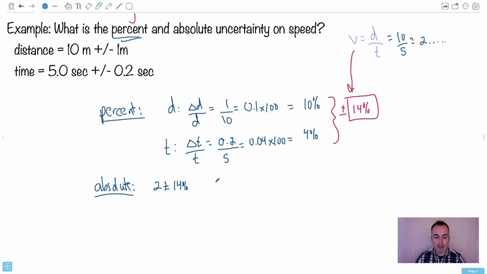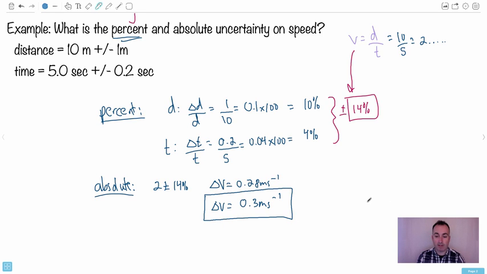So I end up with the uncertainty, so delta V in this case is going to be 0.28 meters per second. But do you remember what you have to do? Your uncertainty has to have one non-zero number. So in this case, I'm going to change it to make delta V 0.3 meters per second. This is my uncertainty on the speed, the absolute uncertainty.